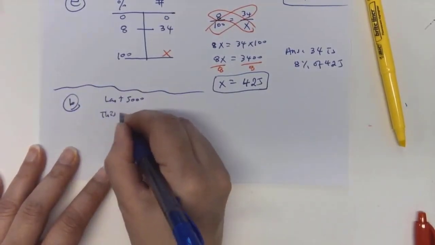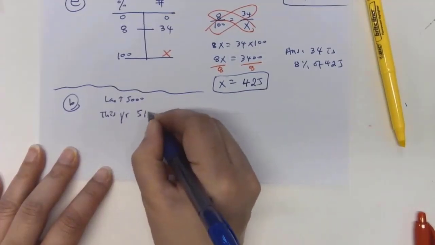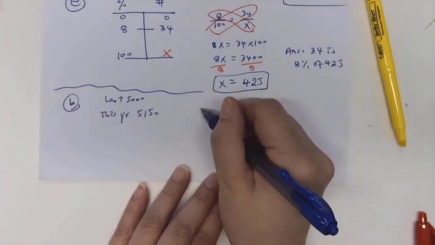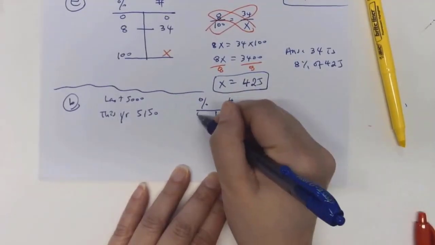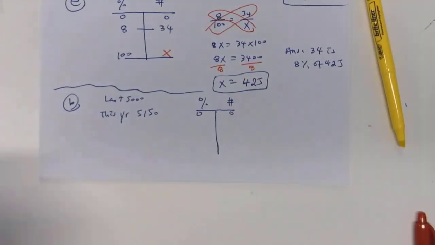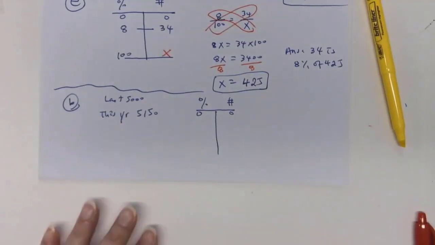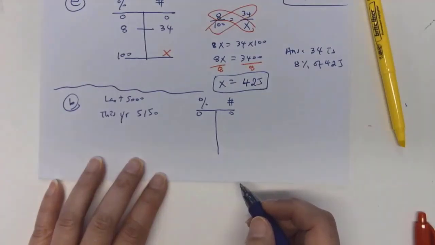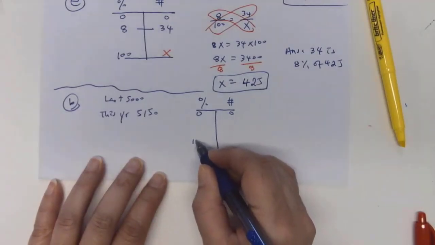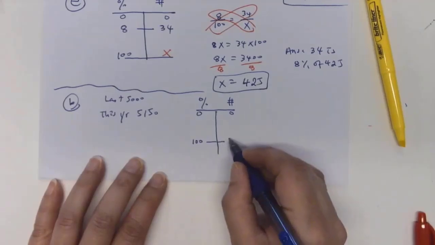This year is 5,150. Set up the percentometer, one side percent, one side number, both start at 0. What else can I put in here? 100% is last year's enrollment, which is 5,000 people.